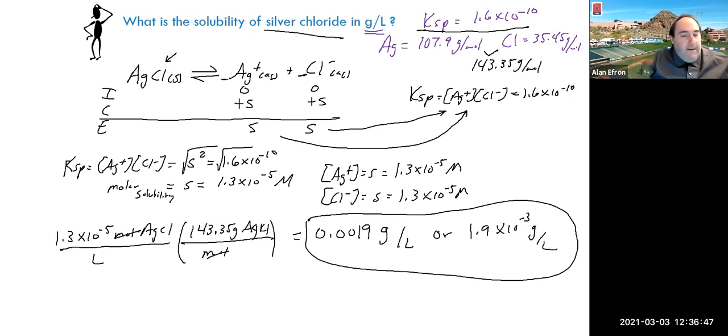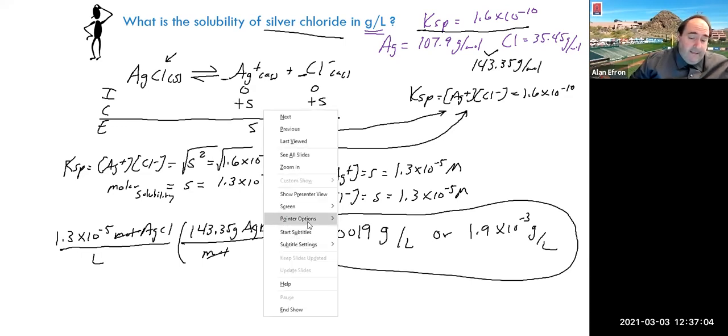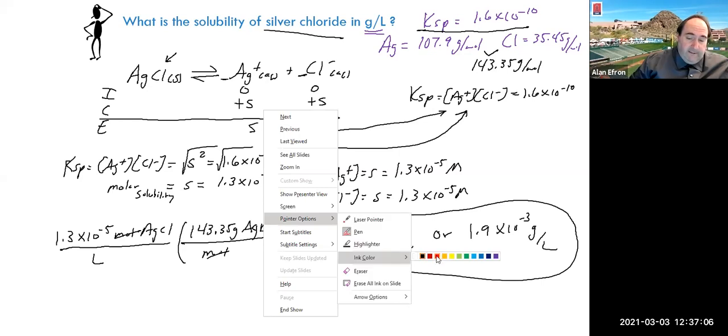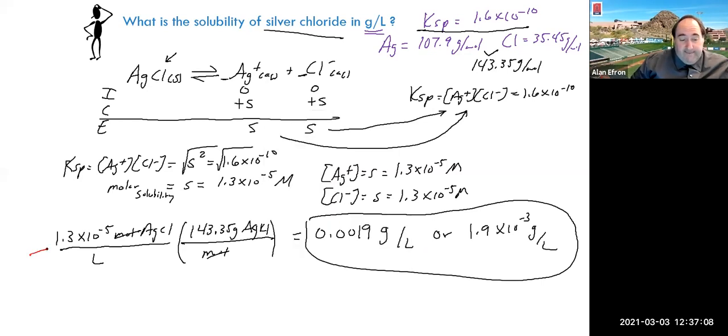So let's talk about a couple things here. First off, I know that we saw that the silver ion concentration was 1.3 times 10 to the minus 5. So was the chloride concentration. So sometimes people wonder, why does that mean that the silver chloride concentration is the same?